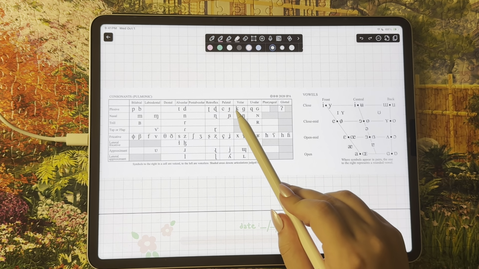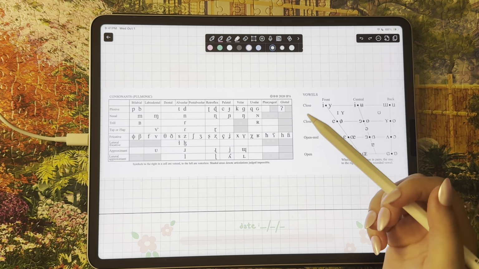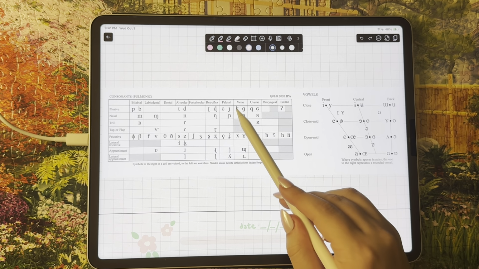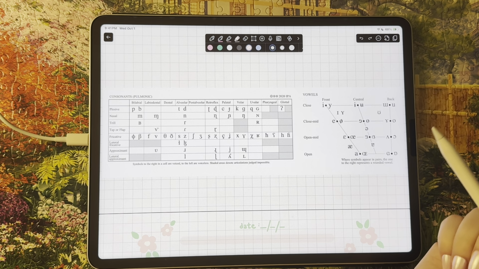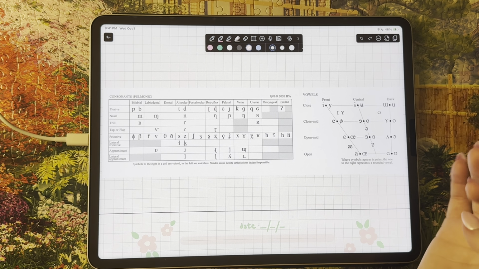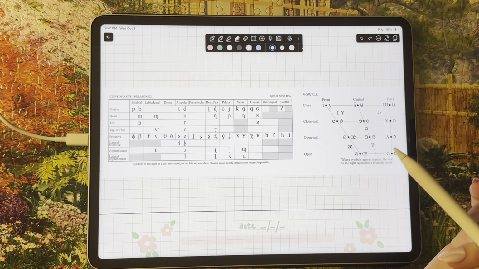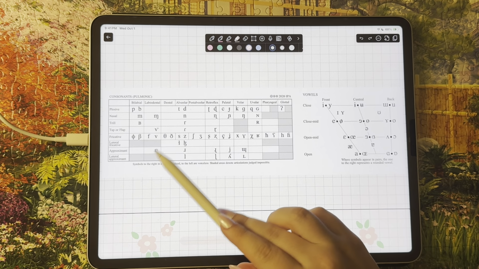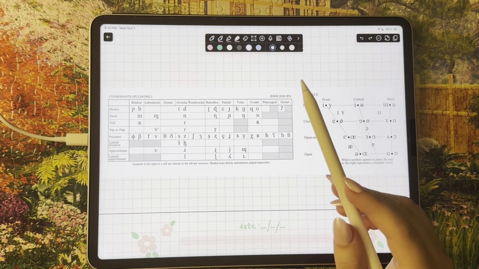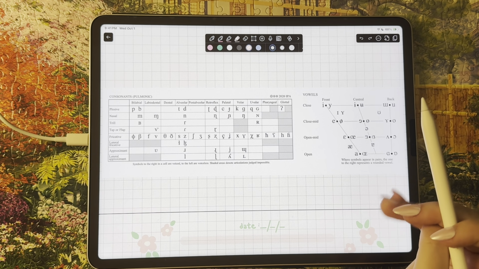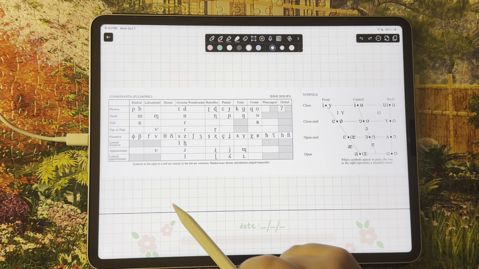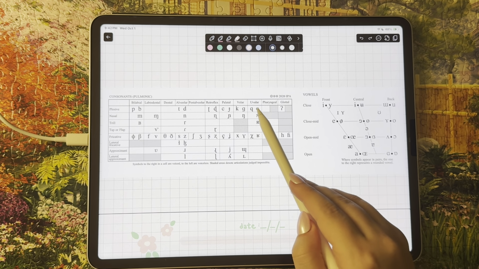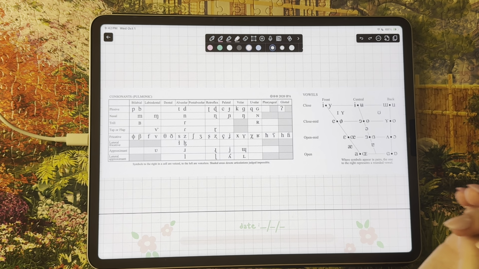So K in cat is not a C, but rather it's this K looking symbol in IPA. Some charts are a little bit different, and handwriting can vary how they look. These ones, I believe we also do not use in English.